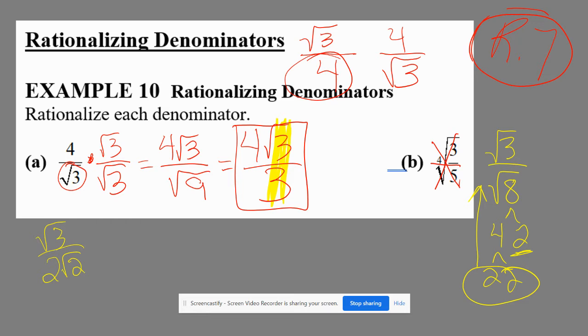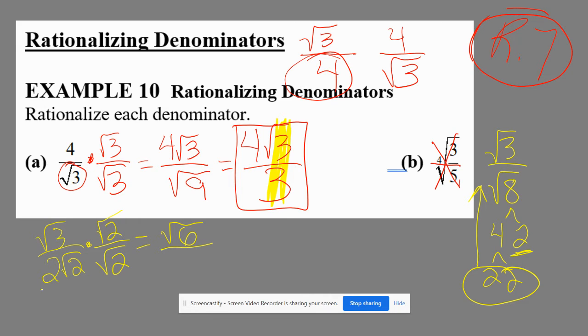Now I can work on rationalizing that denominator. Again, the radical that we want to move or get rid of is that square root of 2. So I'm going to multiply by the square root of 2 over the square root of 2. On the top, or the numerator, we can multiply 3 times 2 together because they're both underneath the square root, and 3 times 2 is 6.